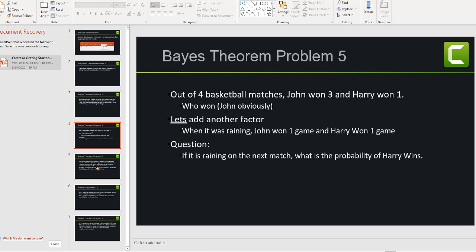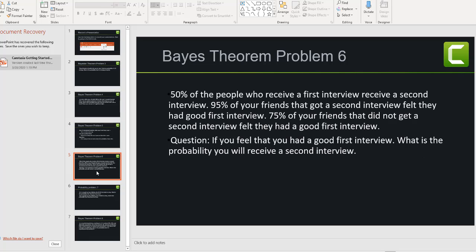Having done this problem, let's look at the next problem. The second problem is: 50% of the people who receive a first interview also receive a second interview.